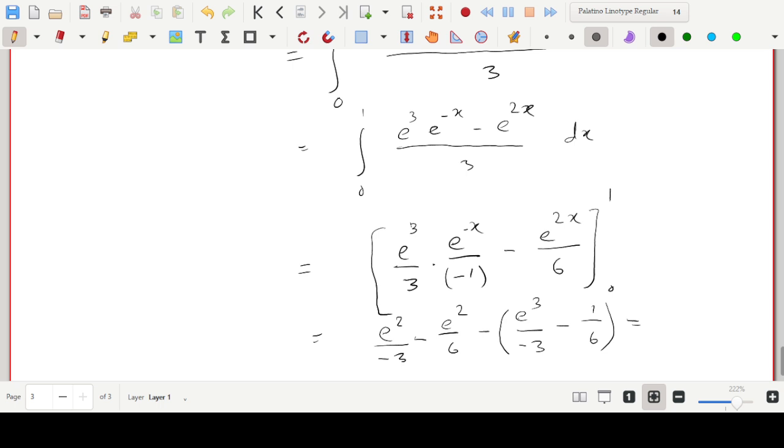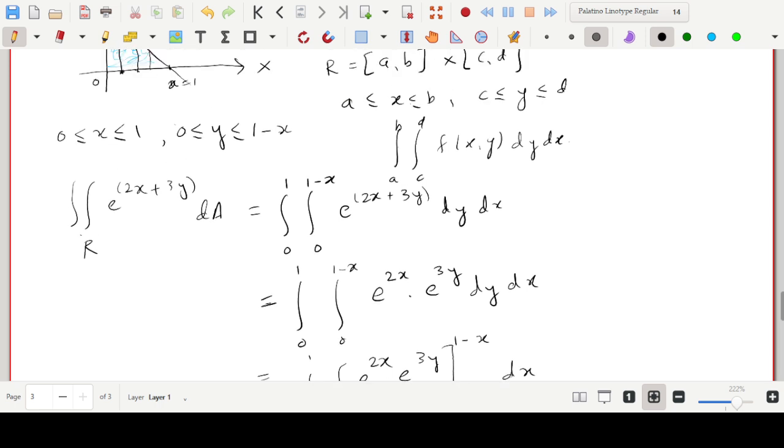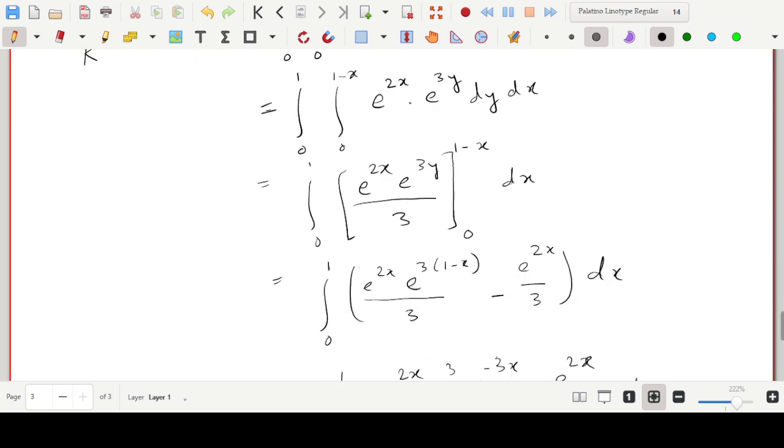So the whole point of this example is to show how to find the limits of integration when the region is not rectangular. Now I would like to demonstrate something else.